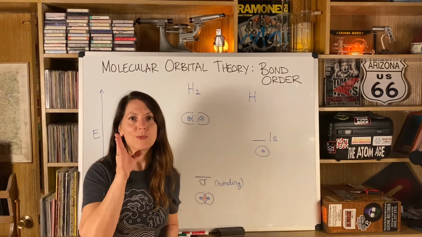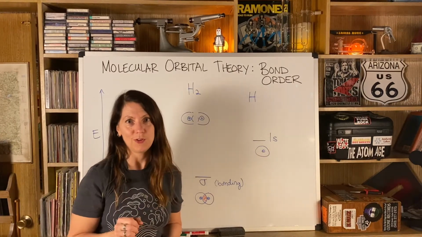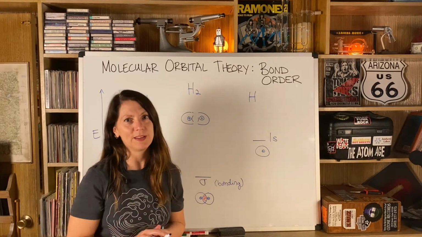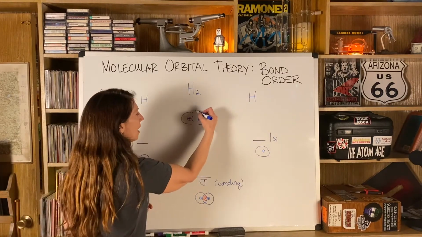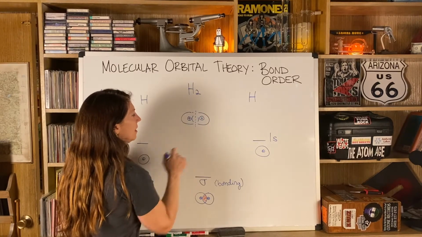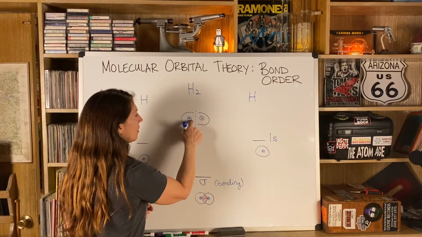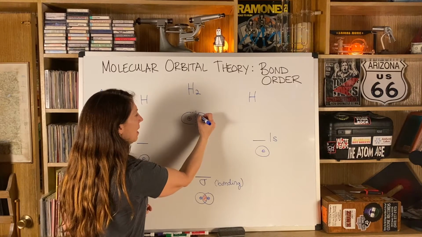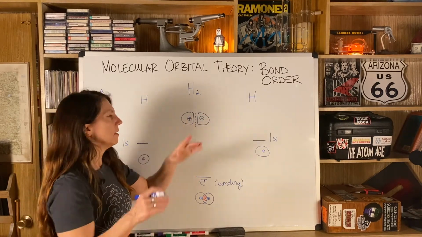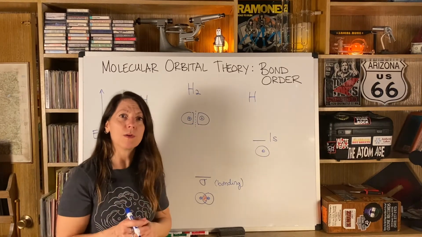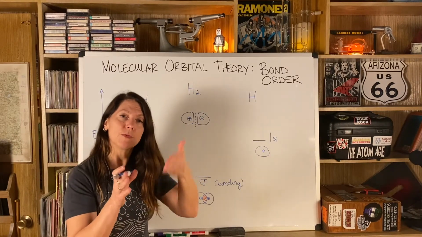That is a place where there is no amplitude, there is no probability of finding an electron. And very often we show nodes by drawing a dashed line. No electrons are there. So I'm even going to delete that and maybe just redraw that, that we've essentially subtracted out the electron density between those two nuclei.